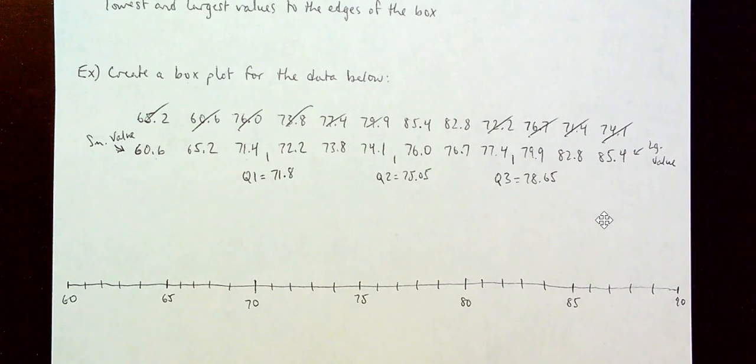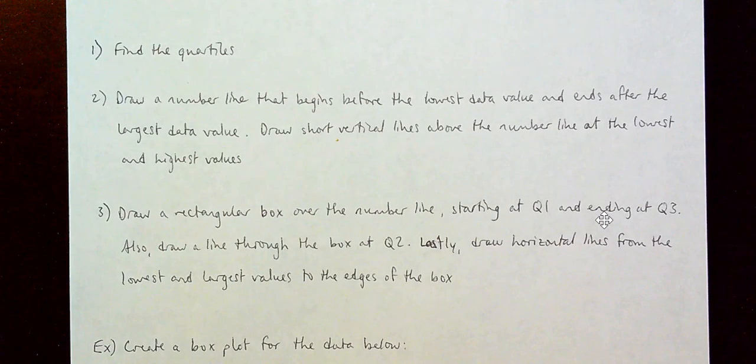So each of these ticks is just one more than the previous. So there is our number line that begins before the smallest data value and ends after the largest one.